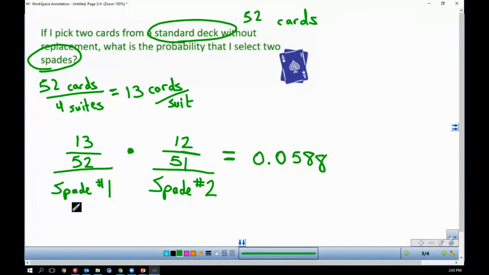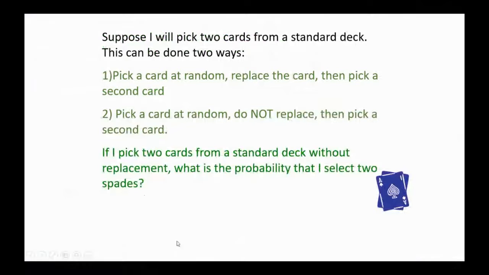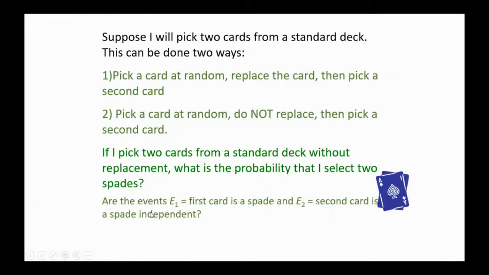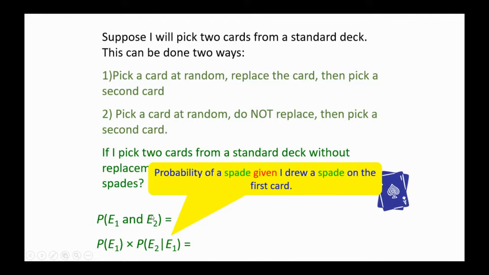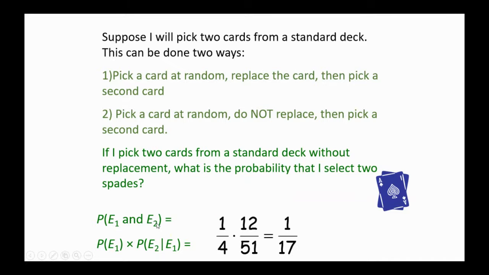This is without replacement. So they left it as a fraction, 1/17.